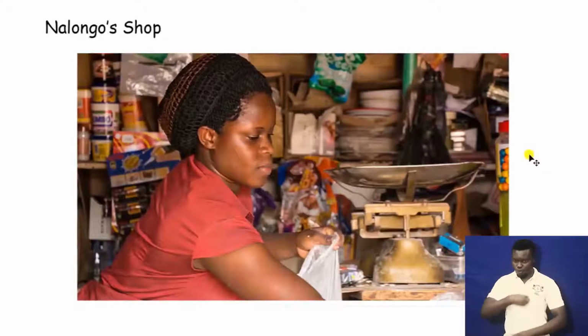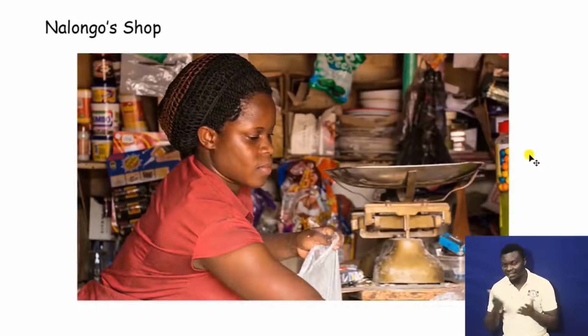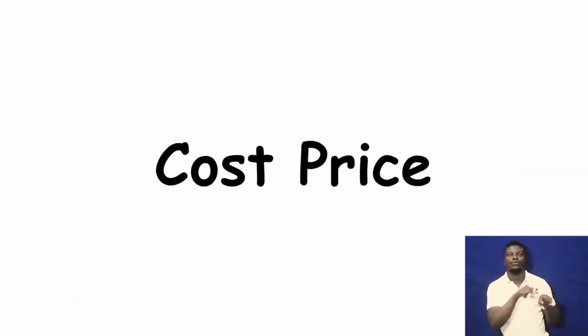For example, if we get back to our example of Nalongo's shop, where she buys baking flour from, she buys it at a certain price, and that is cost price.